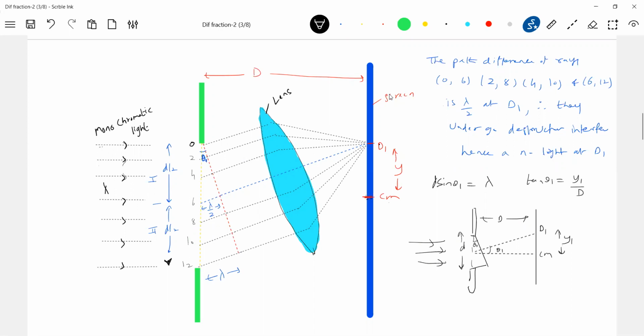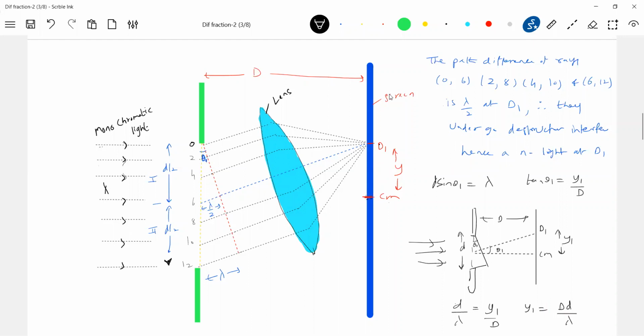Y1 by capital D. And this sine theta, I can also write as tan theta. So from that, we can write d small d by lambda.